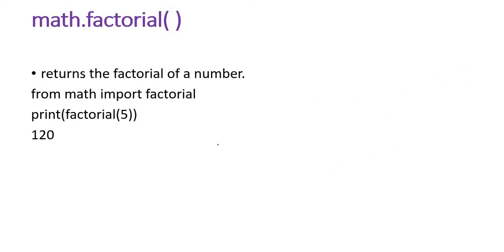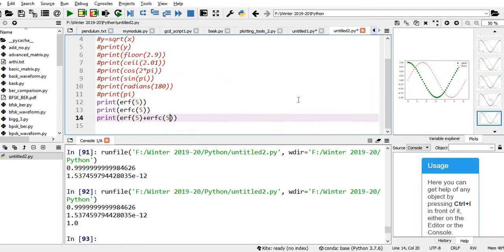Then factorial operation. So we know what is factorial. Even in functions we calculated factorial using recursion. Suppose I have the number 5 factorial, it is nothing but 5 into 4 into 3 into 2 into 1. This results in 120. So directly you can calculate factorial using this factorial function. Let us try that.